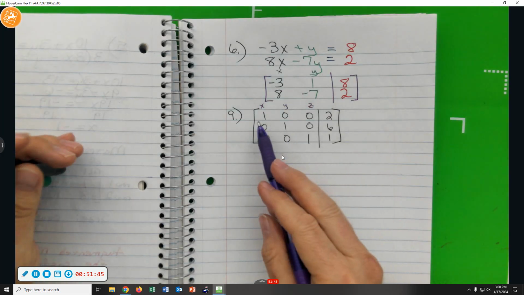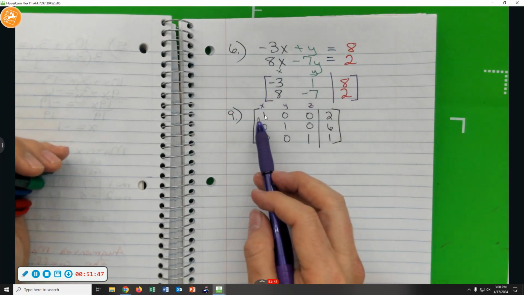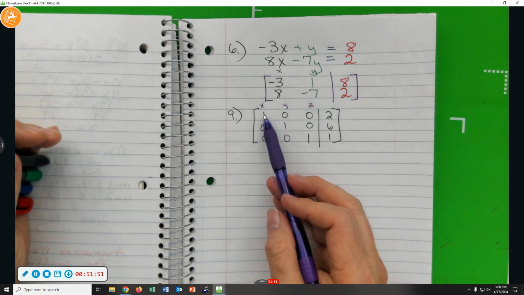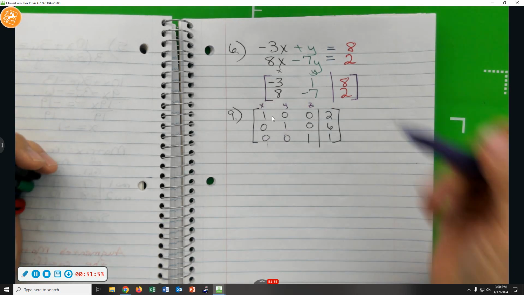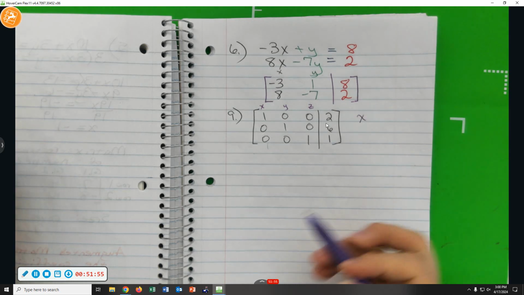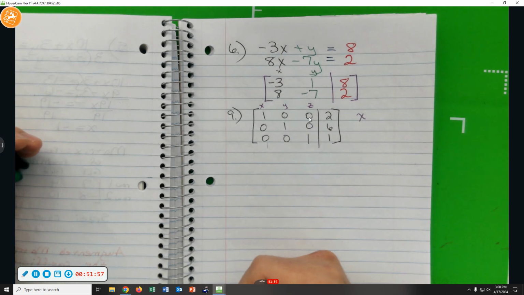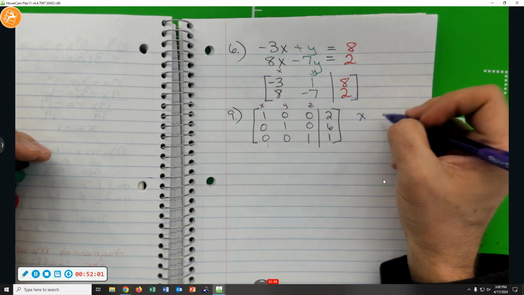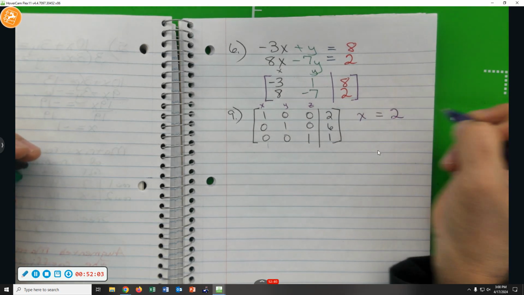So what is this first row saying? Why is this reduced row echelon form so nice? Once you have that 1 there, that says 1x. What about the y and z? 0y plus 0z is equal to 2.